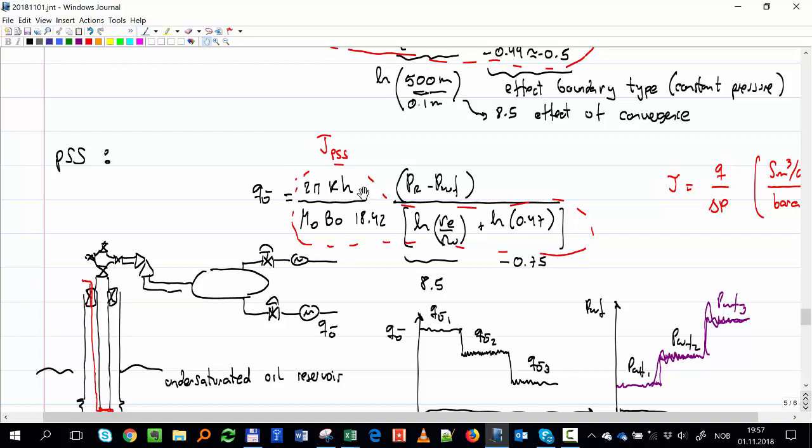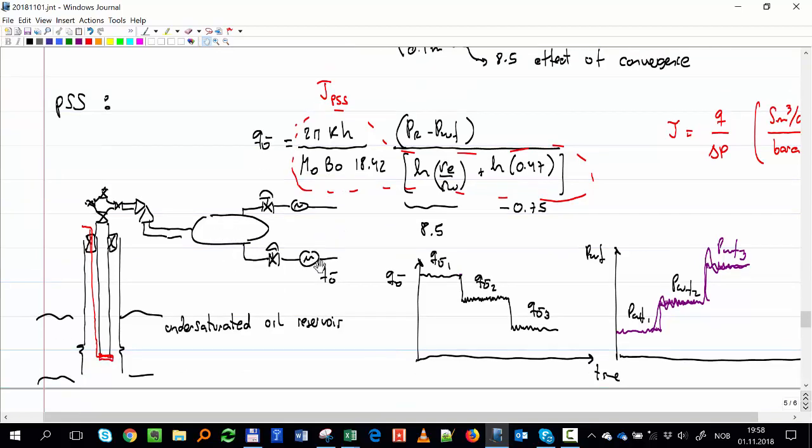But there are many uncertainties in this equation, okay? One of them is the fluid properties. You take a sample of the fluid here, but in reality it's under some other conditions, okay? We try to measure under those conditions in the lab, pressure and temperature, but you might have some uncertainty there in the fluid.